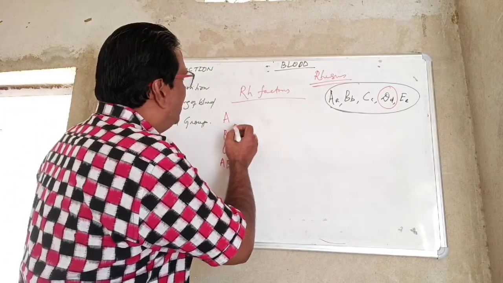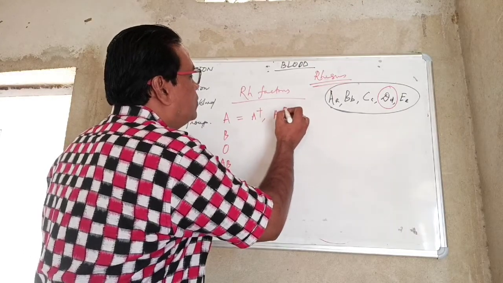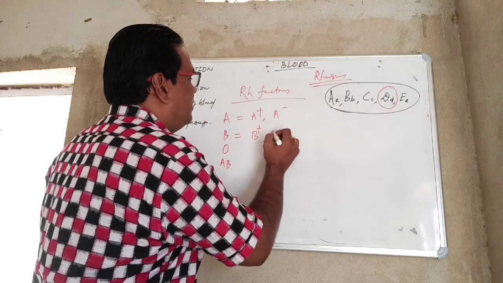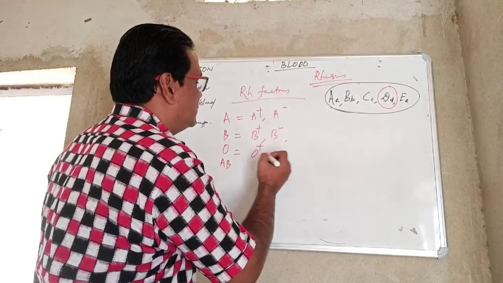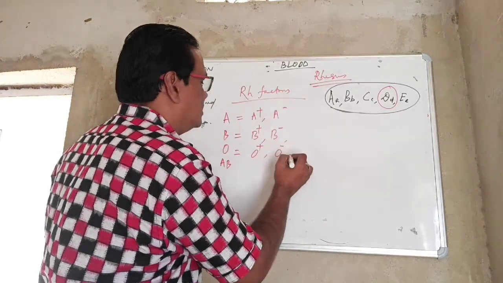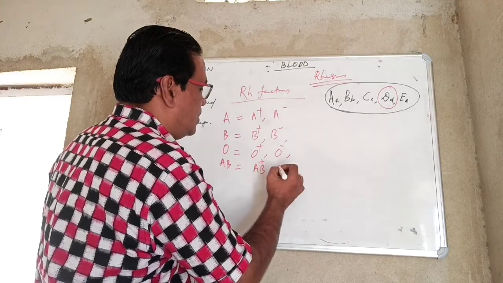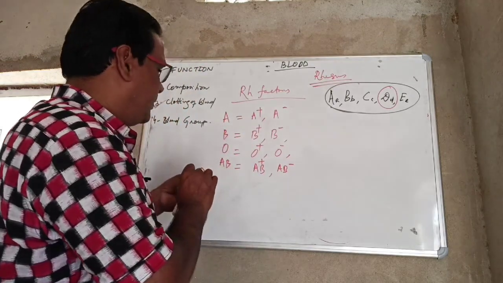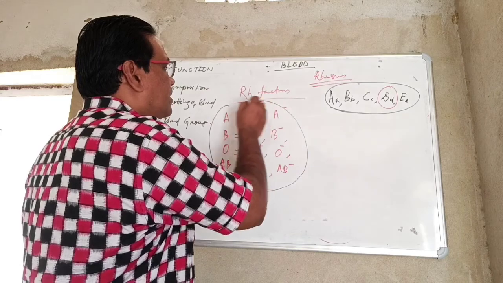So there may be A plus, and also A minus groups. B plus, B minus groups are there also. O plus, O minus. AB plus, AB minus. So these are the different groups coming under the Rh factor.